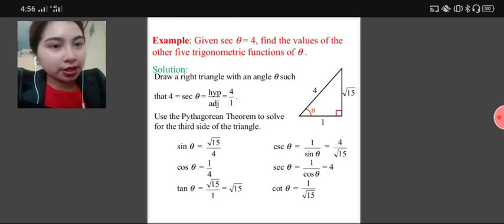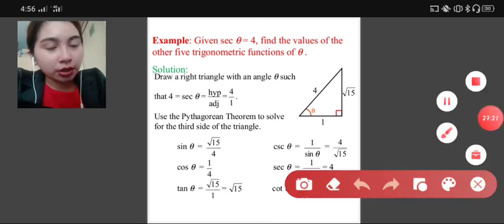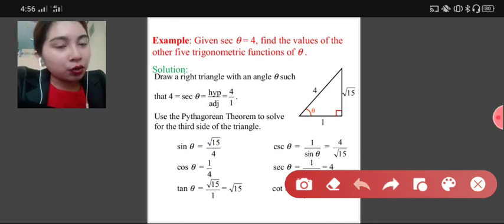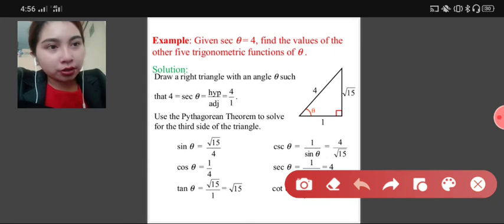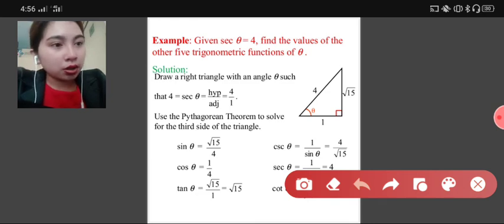So, give us 1 over 4. And yung tangent naman natin is equals to opposite over adjacent. So, it gives us square root of 15 over 1 is equals to square root of 15.